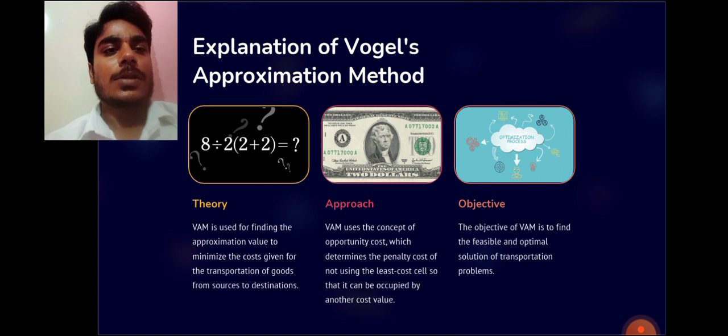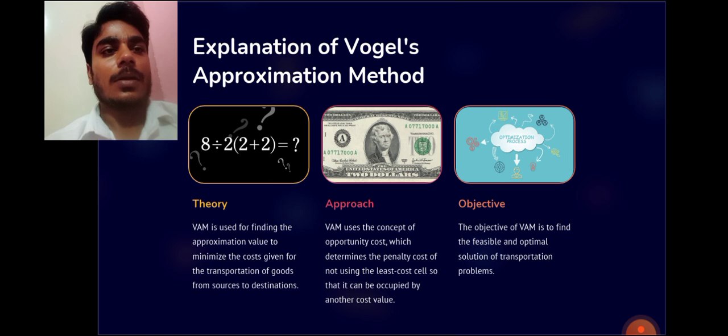VAM approaches are very useful for the concept of opportunity cost, like penalty cost, not using the least cost cell, so that it can be occupied by another cost value, which means the main aim is to reduce the cost in the approaches method.